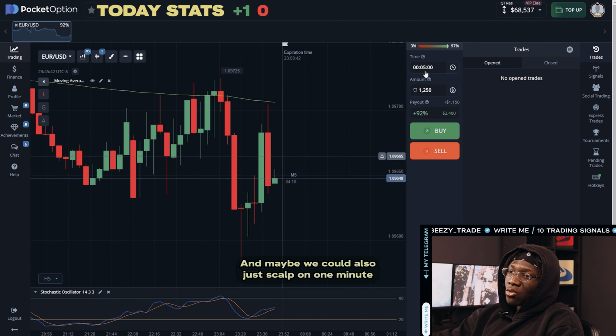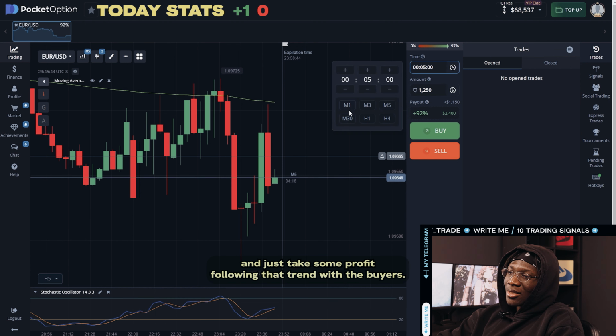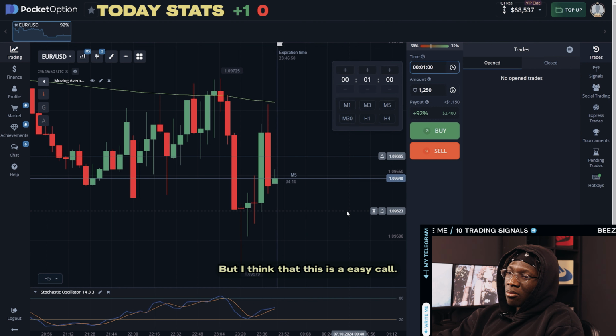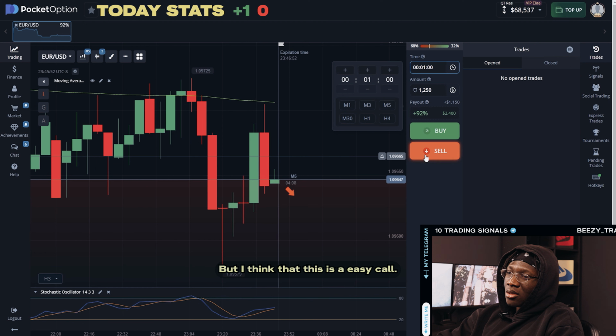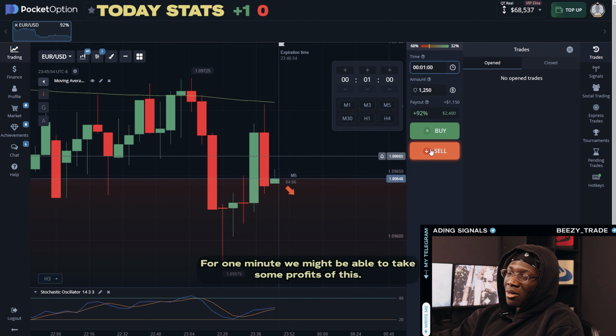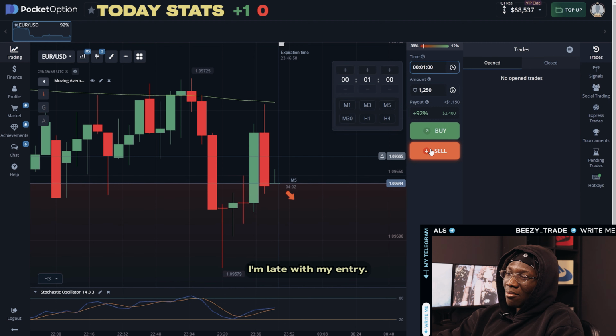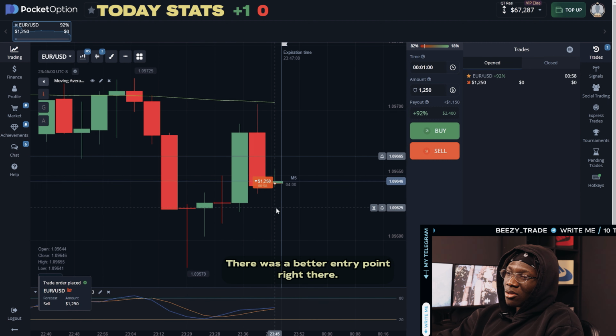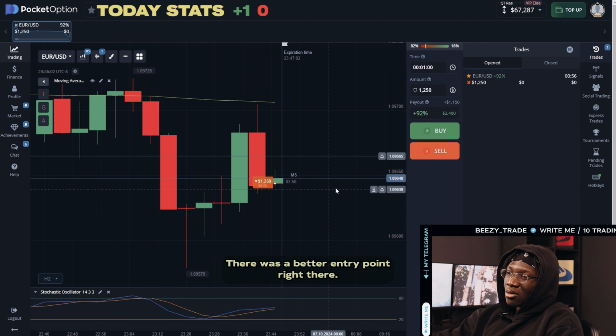And maybe we could also just scalp on 1 minute and just take some profit following that trend with the buyers. But I think that this is an easy call for 1 minute. We might be able to take some profits off this. I'm just looking for a good, I'm late with my entry. There was a better entry point right there.